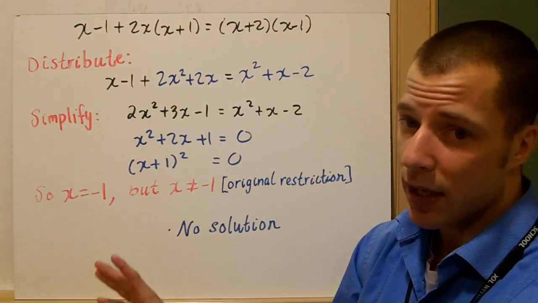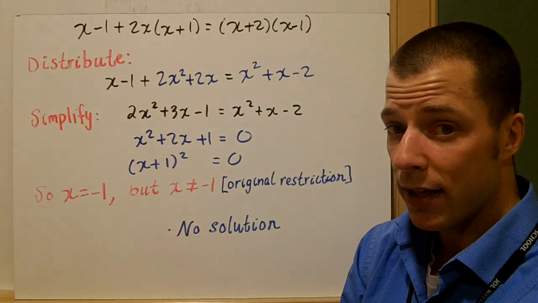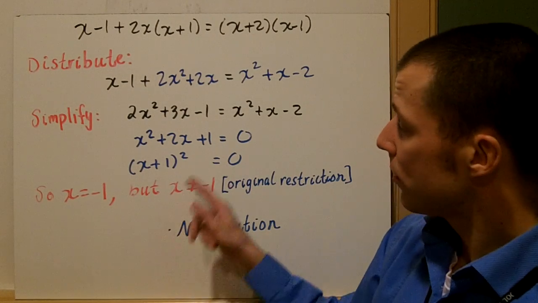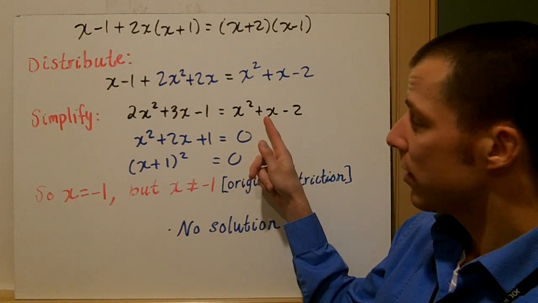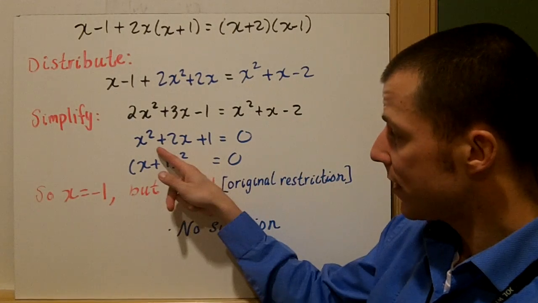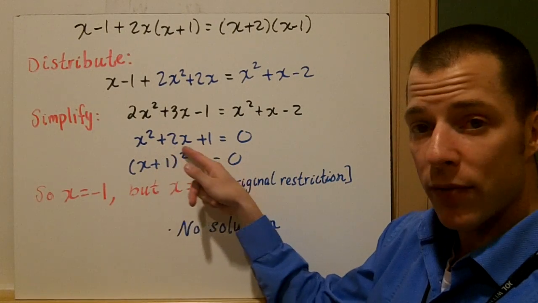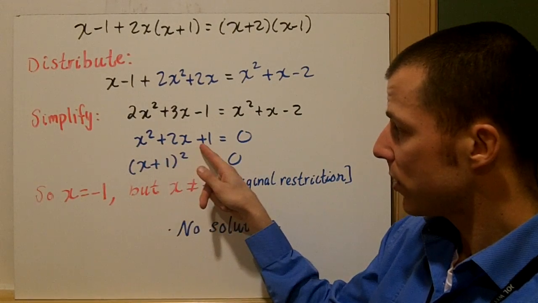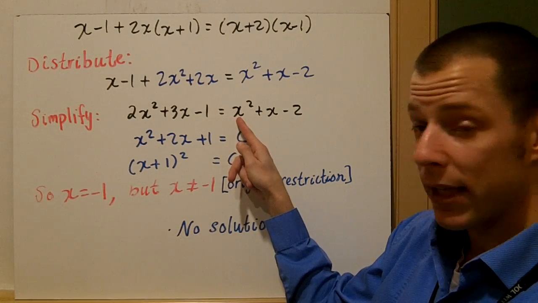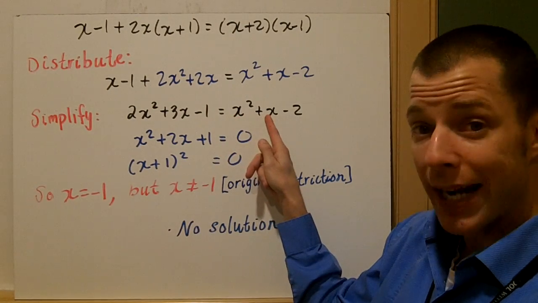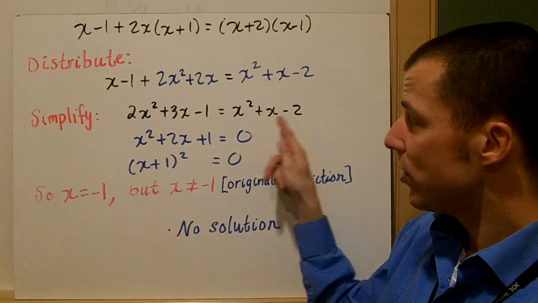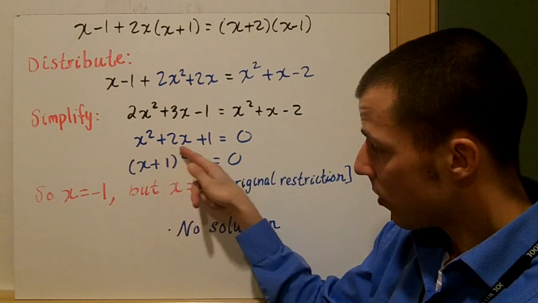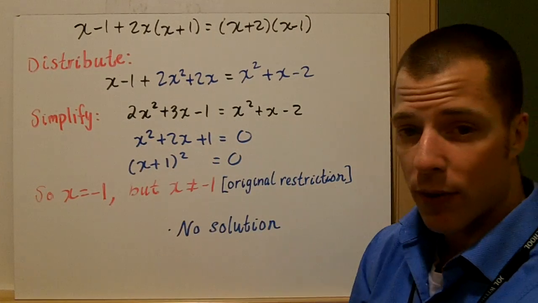Now we have to get all the terms on one side and set it equal to 0. So I bring over the x squared, the x, and the 2 to the left side. And this is what I'm left with here in blue, x squared plus 2x plus 1. After you subtract the x squared from both sides, subtract x from both sides, and add 2 to both sides, this is what we're left with, and we have 0 on the right.